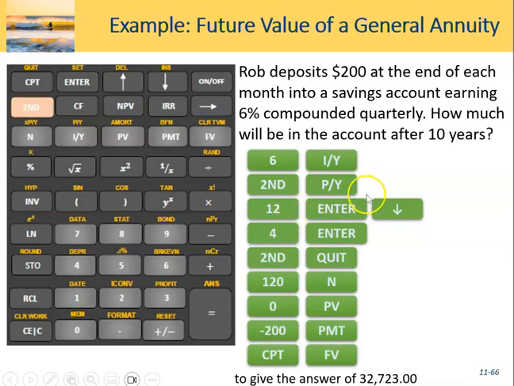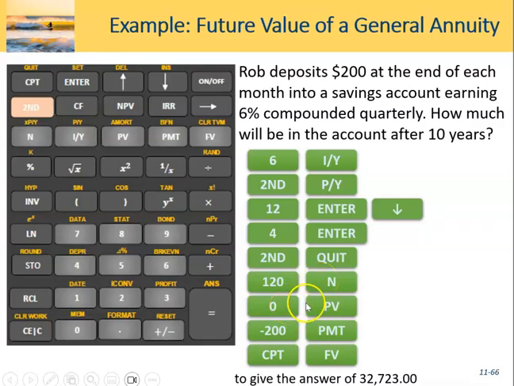So once you put those in, then we're going to hit the second quit to come back up to the regular level, and then we're going to do 120 for our N, right? Because the payments per year is 12 multiplied by 10 years. So that gives it the number of periods.